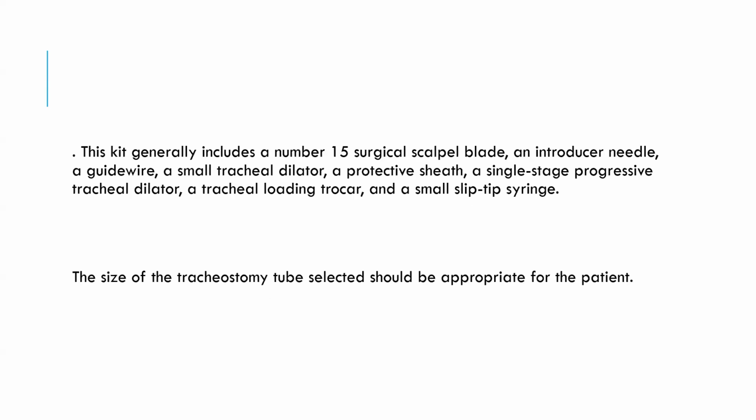The kit generally includes a number 15 surgical scalpel blade, an introducer needle, a guide wire, a small tracheal dilator, a protective sheath, a single stage progressive tracheal dilator, a tracheal loading trocar, and a small slip tip syringe. The size of the tracheostomy tube selected should be appropriate for the patient.